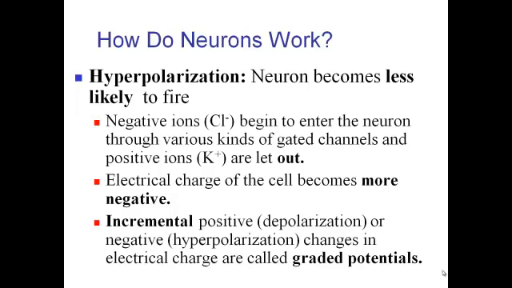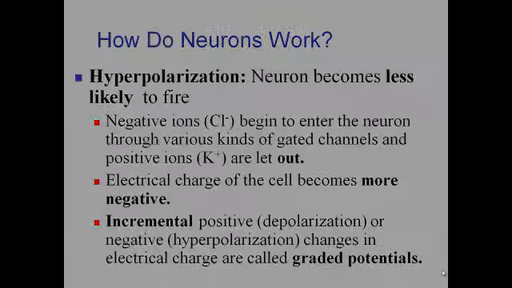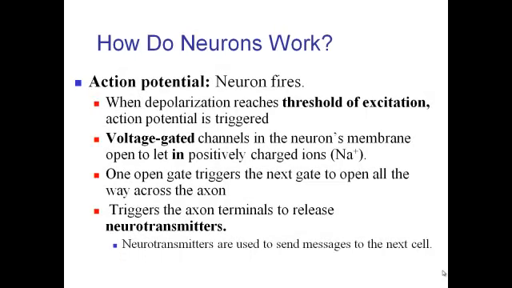And what happens when enough of those positive ions come in? Well, now you have what is called an action potential. The action potential is where the neuron actually fires. And this is essentially when the neuron is now going to transmit the message, going to send the message.